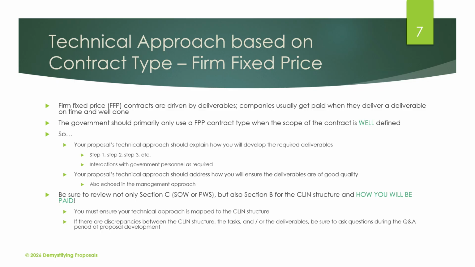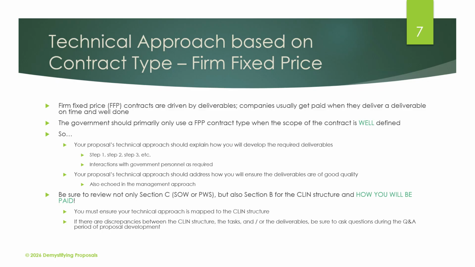Your proposal's technical approach should address how you will ensure the deliverables are of good quality. This should also be echoed in the management approach. Be sure to review not only Section C, the statement of work or the performance work statement, but also Section B for the CLIN structure and how you will be paid. You must ensure that your technical approach is mapped to the CLIN structure.